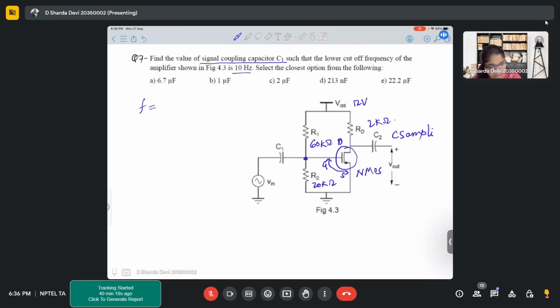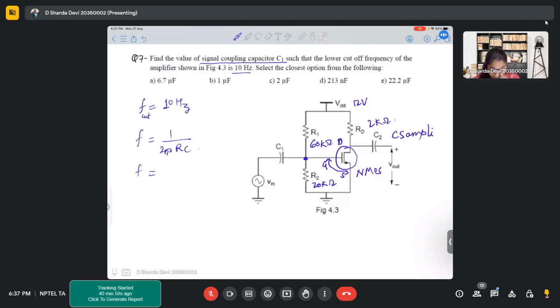So it is given that the cutoff frequency is 10 Hertz, and you have to find the value of C1. Frequency is represented as 1 upon 2 pi RC.